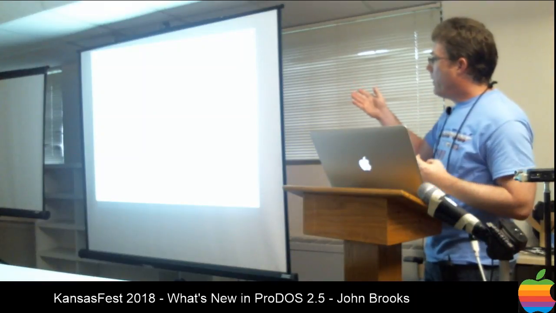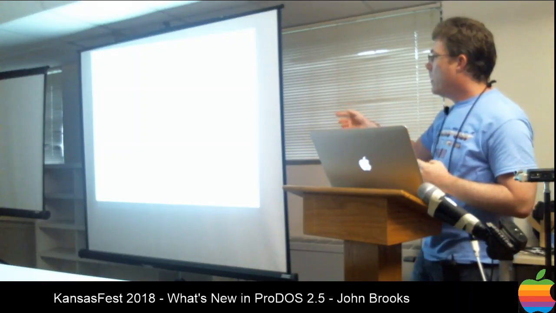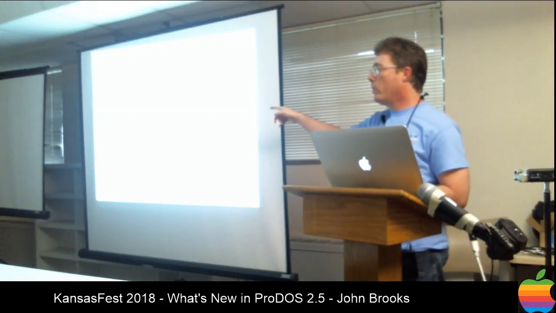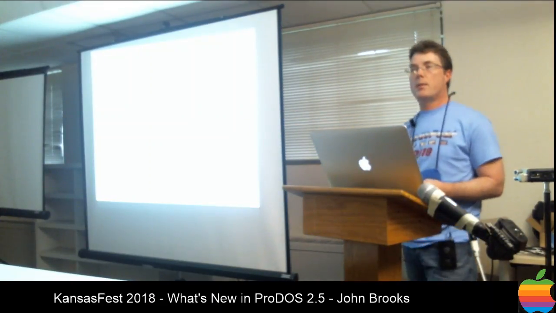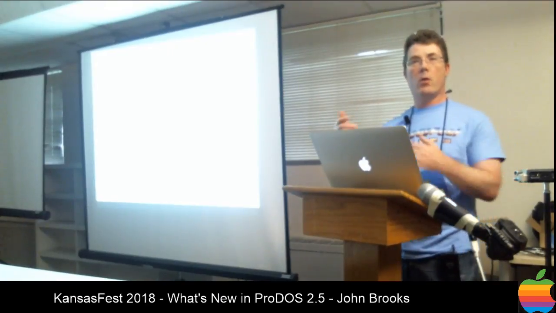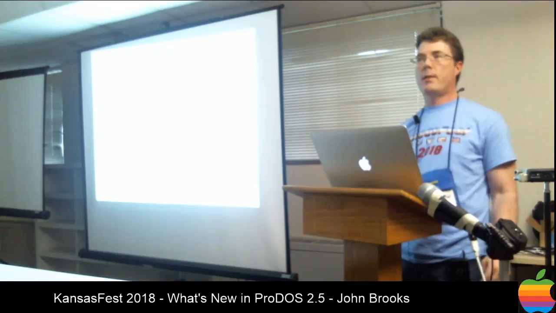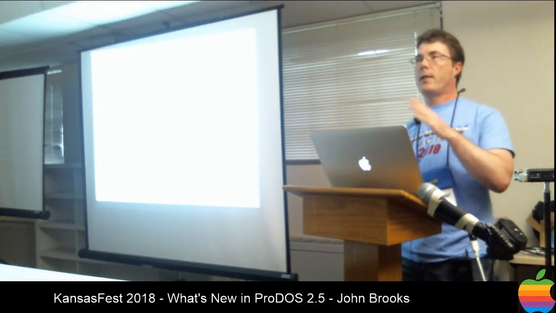So yeah, we have the lowercase file names. Now, the way that I'm currently disabling lowercase on the II and II plus is it looks at ProDOS's machine type ID in the global page, and if the machine type is a II or II plus, then it just disables returning lowercase names.